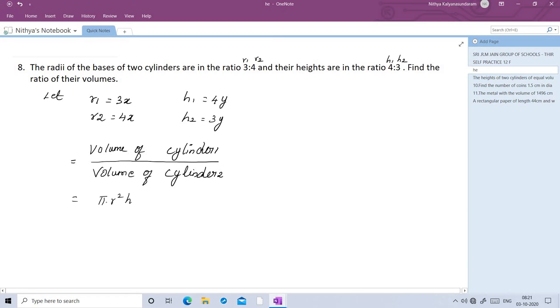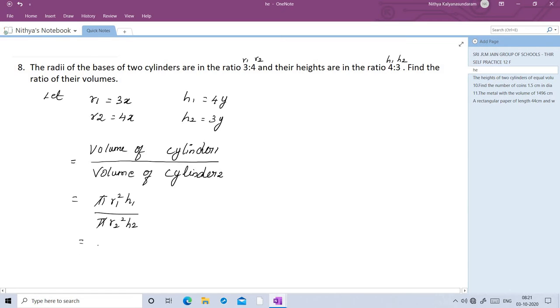So here, given two volumes, we want to find the two volumes' ratio. So mention R1 square H1 by R2 square H2. So pi we can cancel.